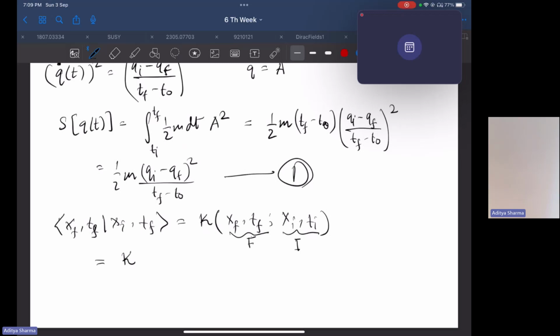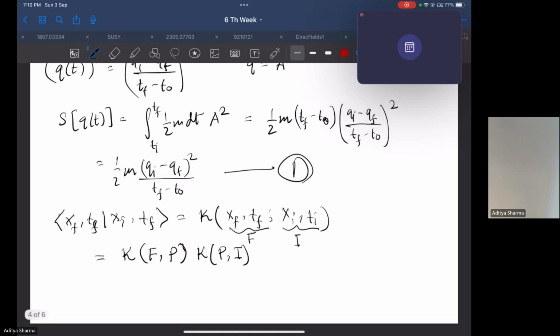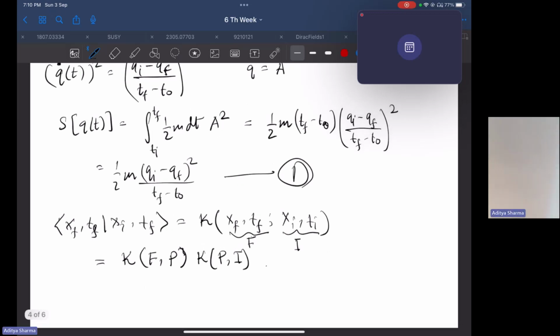This is still equal to F and some auxiliary P, which is between F and I, that is at some time Tp, written as P comma I. We're going to use this property to calculate whatever we get. This is the first thing which we are going to use.